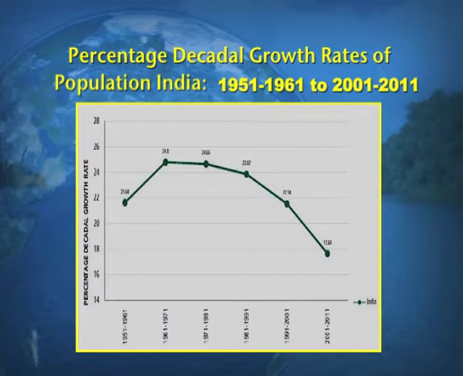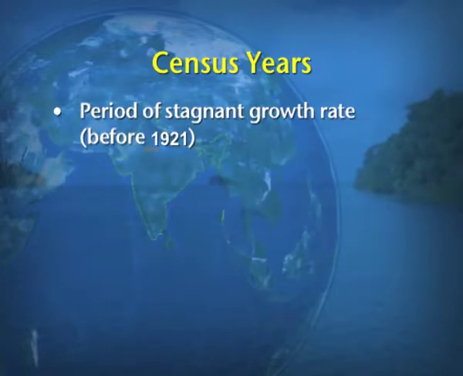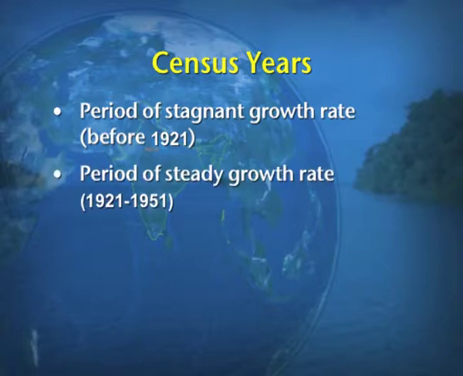Now, according to this diagram, we divide the different census years into four parts. One, the period of stagnant growth rate, which was before 1921. The second is the period of steady growth rate, that is from 1921 to 1951.